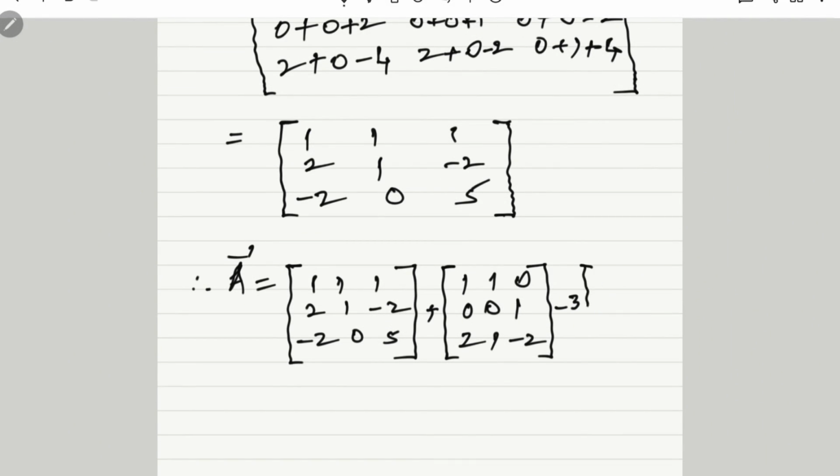I means identity matrix of order 3, and therefore it is 1, 0, 0, 0, 1, 0 and 0, 0, 1.